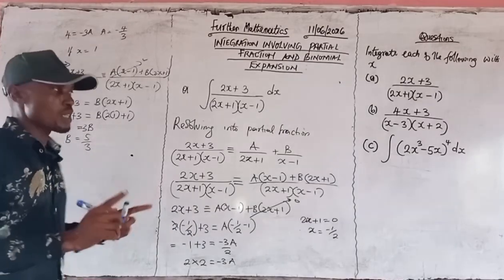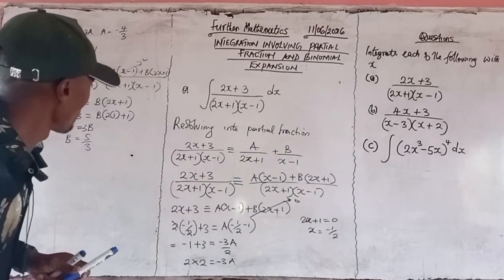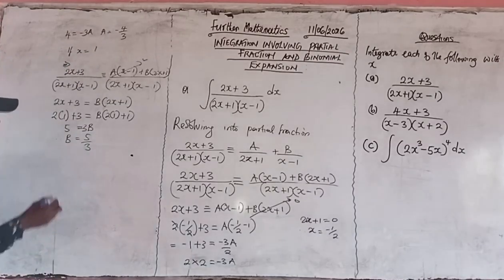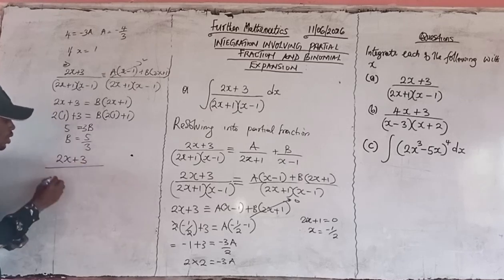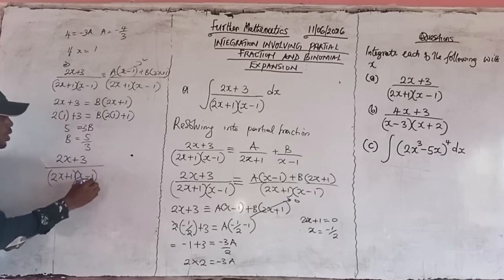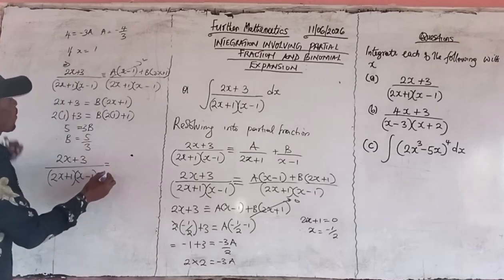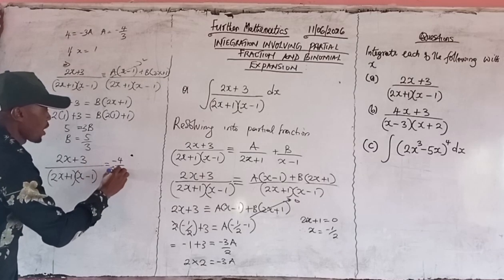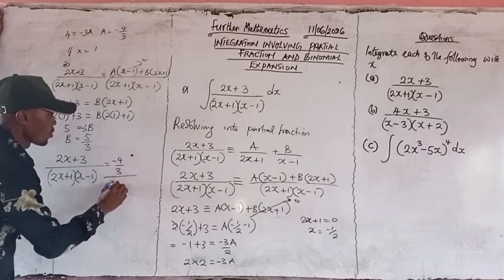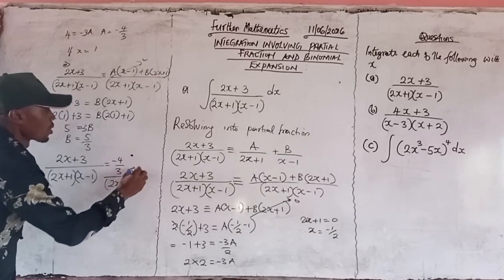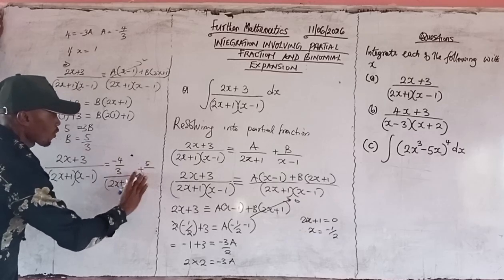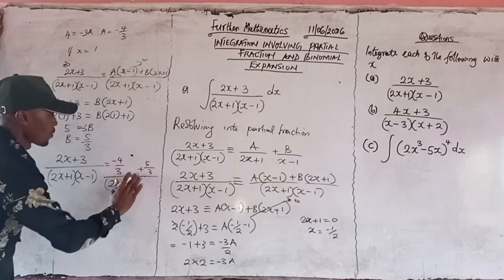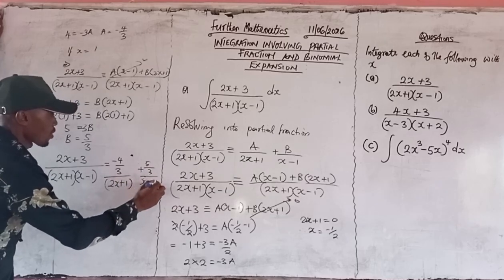You can now present the partial fraction in this form. So 2x plus 3 all over (2x plus 1)(x minus 1) is now equal to our A, which is minus 4 over 3, all over 2x plus 1, plus B, which is 5 over 3, all over x minus 1.